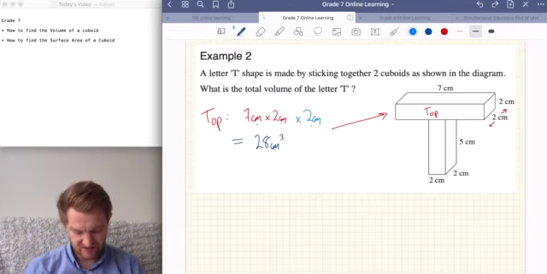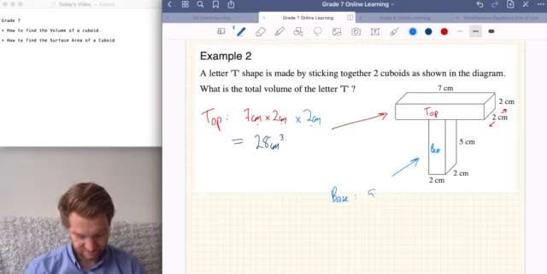We could then do the base, which is going to be this one here. B-A-S-E, base. And the base is going to be, the front is 5 times 2. And then it's projected 2 centimeters into 3D, which gives us 20 centimeters cubed.